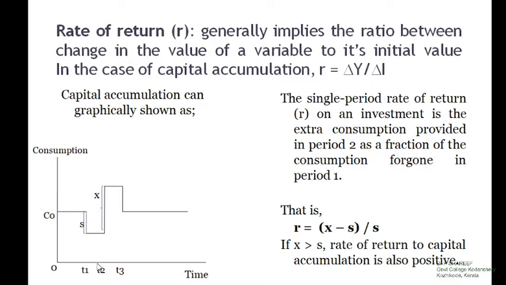That is, at the point T1, some sort of consumption is sacrificed for making investment. That is represented by S. And at the time T2, it is reinvested, and that will lead to an increase in income and consumption.